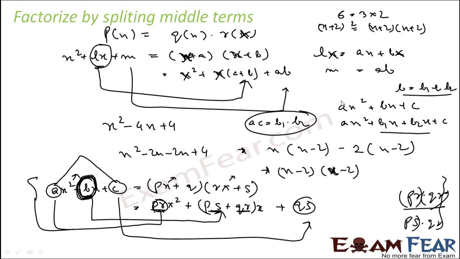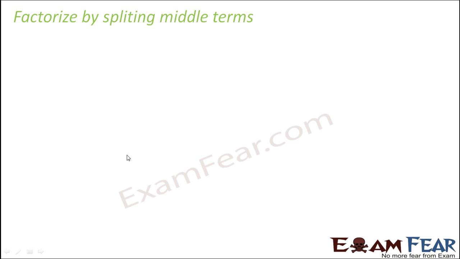Okay, and we can take some examples for this as well. For example, let's take this 6x square plus 5x minus 6. So here we have to split 5x in such a way that the product of these terms is 6 into minus 6, which is minus 36.